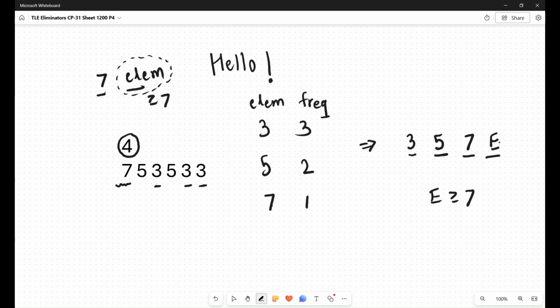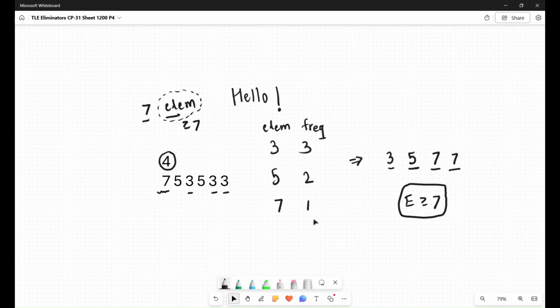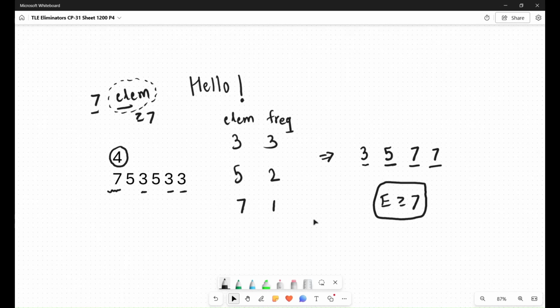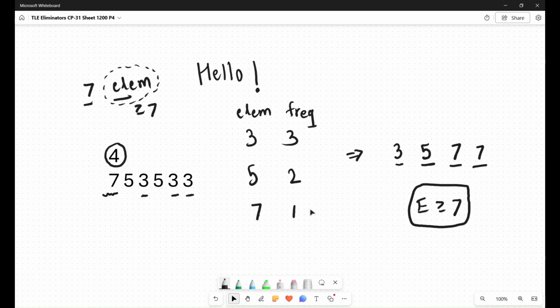Make sense? Yes, so here element E is some number greater than or equal to 7. For this case, let's take E as 7. Okay, makes sense. And this is basically our array A: 3, 5, 7, 7.